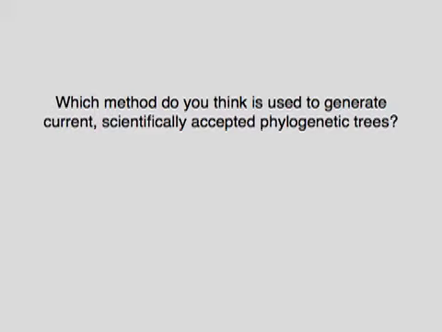Welcome back. I hope you enjoyed discussing the answer to this question with your classmates, and now we'll go over it. The question we were discussing is, what method do you think is used to generate current scientifically accepted phylogenetic trees? Well, the answer to this question has actually changed fairly recently, and that's because in the 1970s, a technique was invented called DNA sequencing.